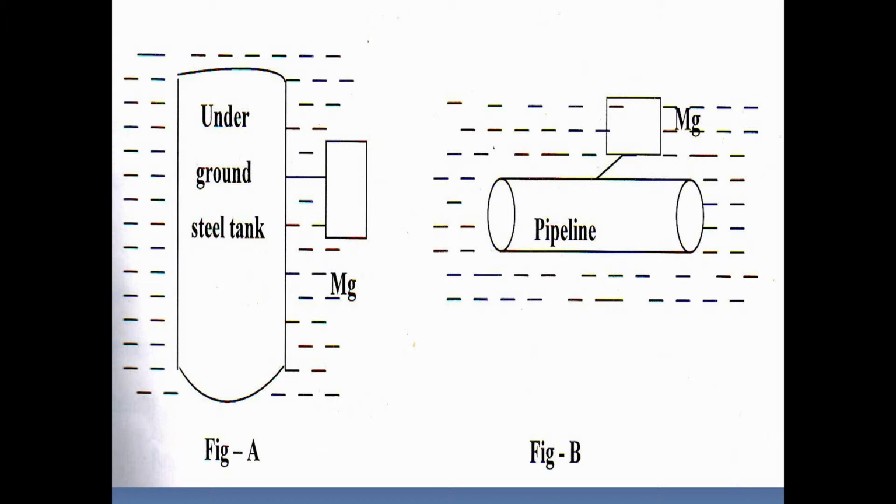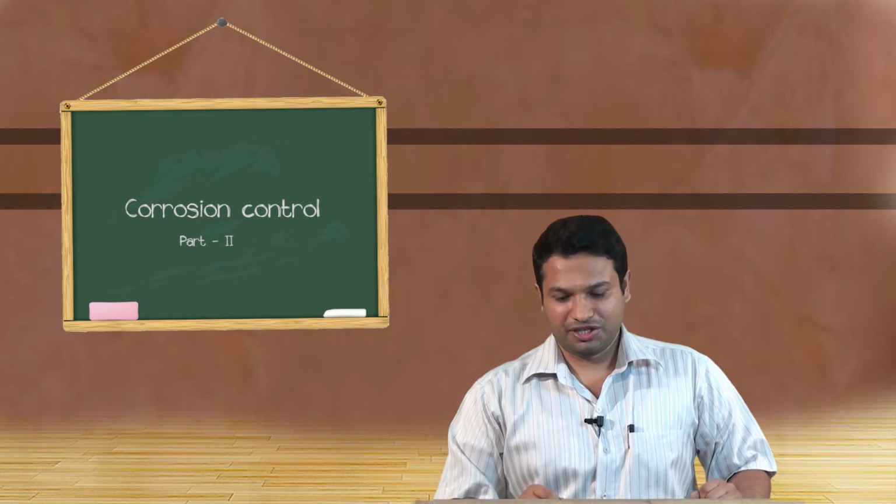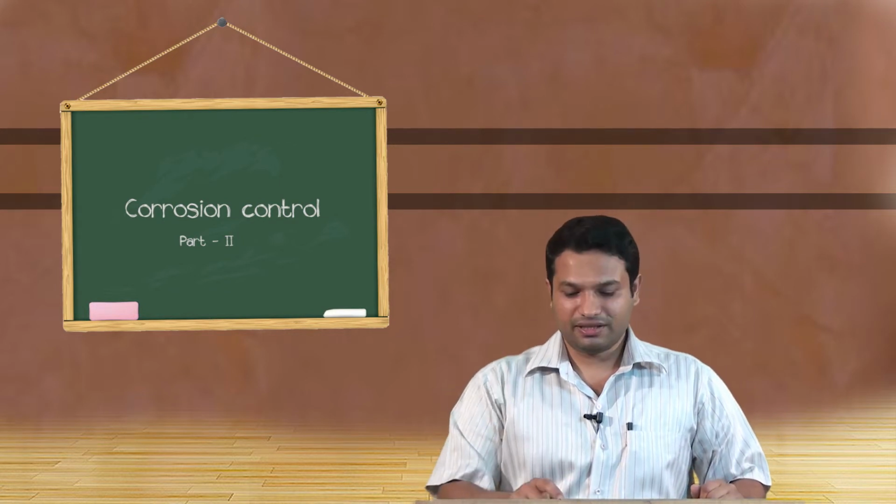In the same way, we have underground pipes made of steel, and those pipes will be connected to magnesium blocks. These magnesium blocks undergo corrosion, giving the current to the pipe, and therefore the pipe will be protected because of the cathode, that is negative charge on the surface of the pipe. This method is called cathodic protection or the sacrificial anode method.